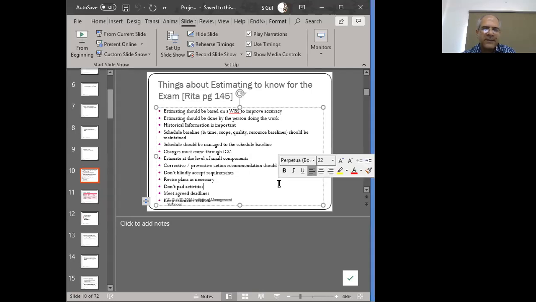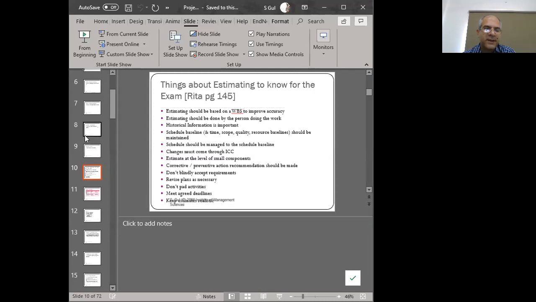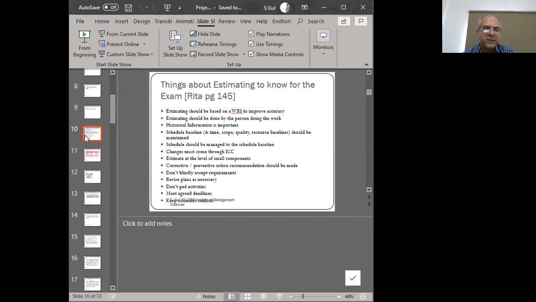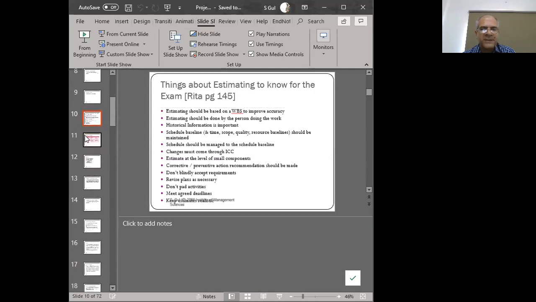Don't blindly accept requirements or changes to requirements that have to take place through the integrated change control. Revisions of plans are necessary because reality is not static, rather realities are dynamic. So as we experience reality, that may necessitate that plans be changed.